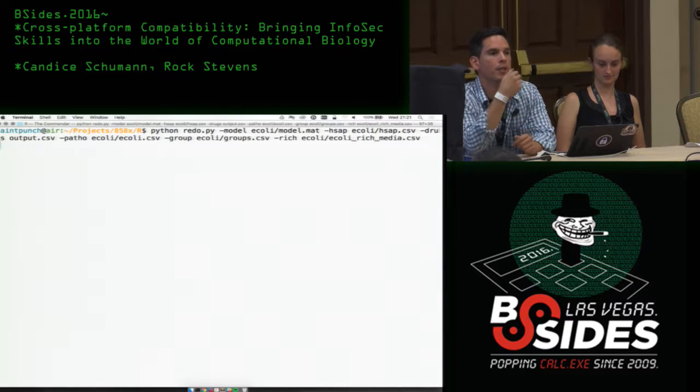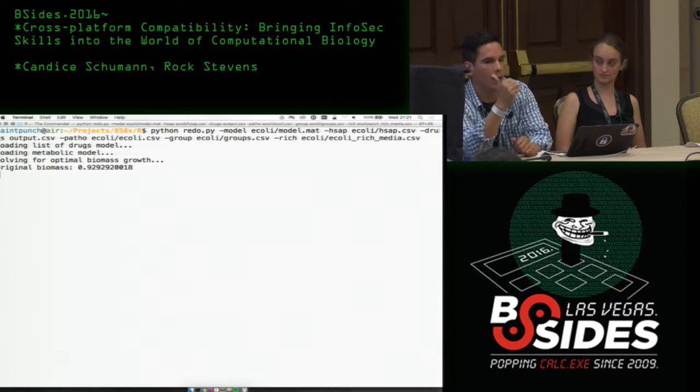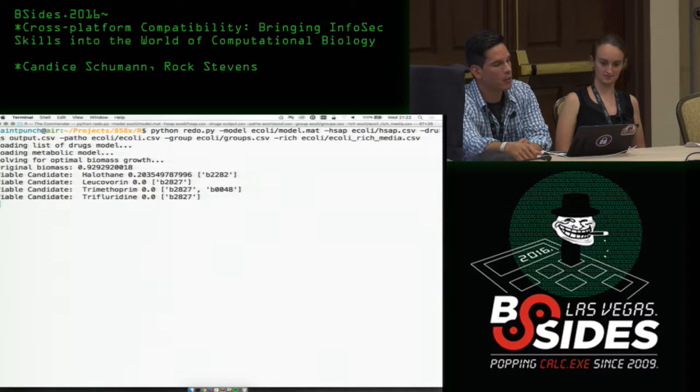So the first thing that we did was we knew trimethoprim worked. And so we looked for that in our data set, and we found it. We're cool. And we also came up with several other viable candidates that would be used to treat resistant E. coli. But as you're going to start seeing a lot of these results pop up, they're targeting the same genes.